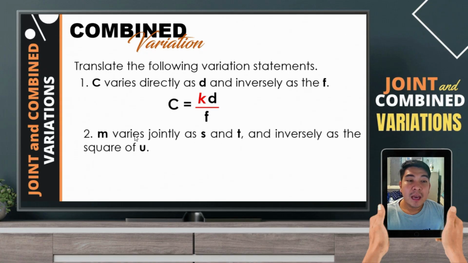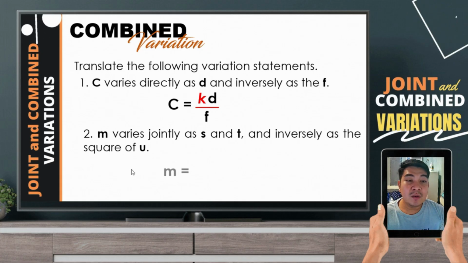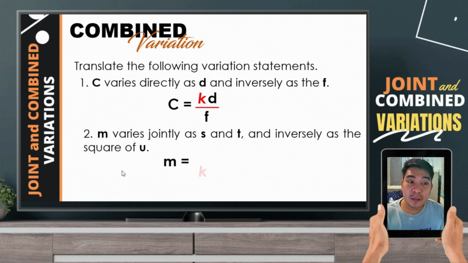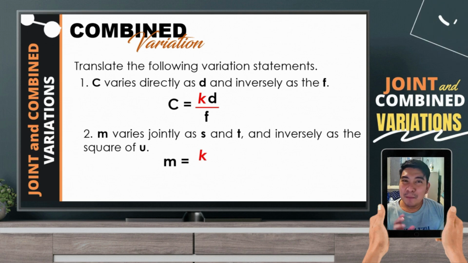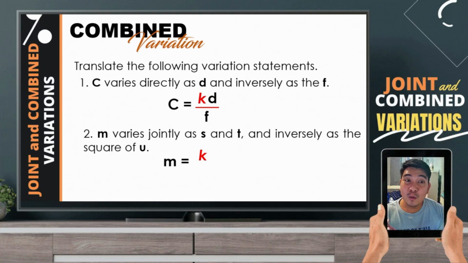Number 2, M varies jointly as S and T, and inversely as the square of U. This time, we combine joint and inverse. So we get the first quantity, which is M, is equal to K, our constant of variation. Remember that when we are dealing with joint, we just need to multiply those quantities.